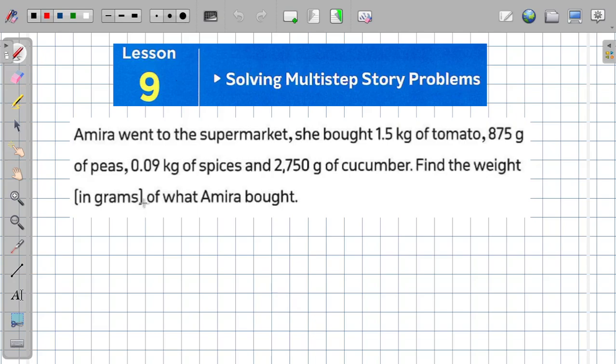Okay, so we have some weights and we want to find the total of all of these weights. I have 1.5 kilogram, 875 grams, 0.09 kilograms, and 2,750 grams.